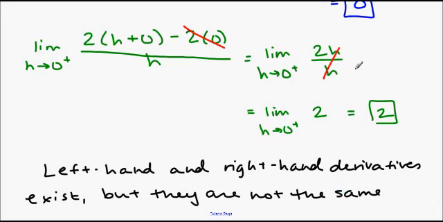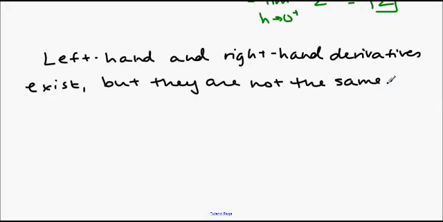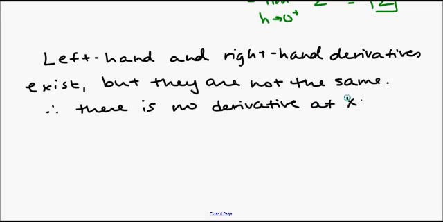Okay, because 0 and 2 are two different numbers. Okay, therefore, there is no derivative at x equals 0. Okay, and that concludes part 2 of 3.1.